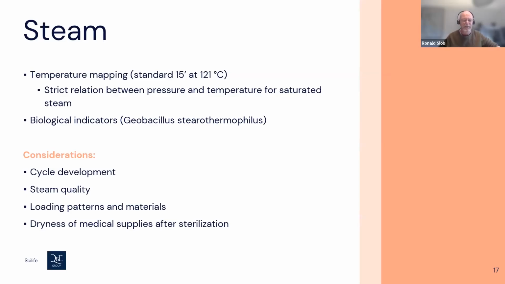The last point, which is sometimes overlooked, is dryness. Say you sterilize a scissor and put it in Tyvek pouches. They are steam penetrable. After the whole cycle you have a nice sterilization and you know everything is sterile, but when the pouches come out, they're still wet.